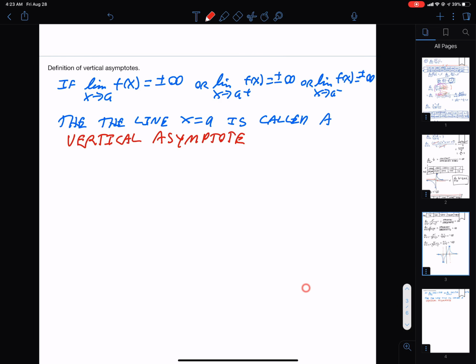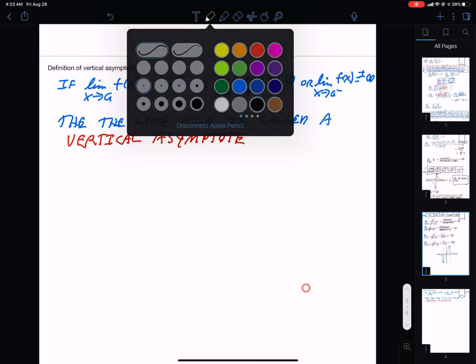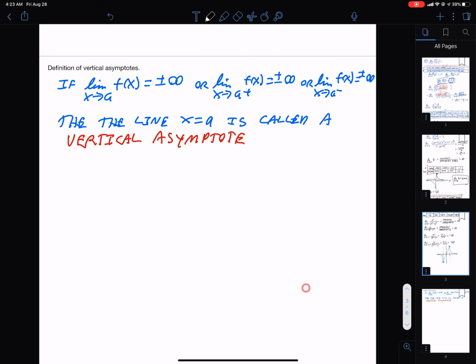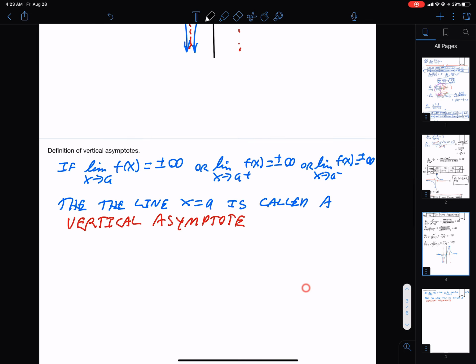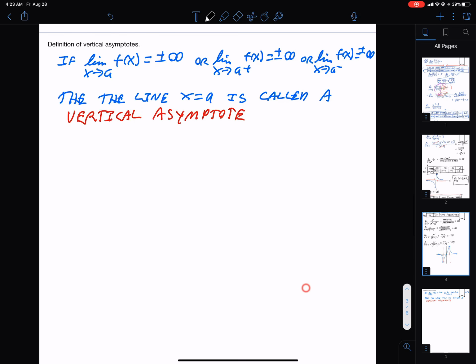So this should be intuitive from the previous example we did. You shouldn't have to memorize this. It shouldn't be something where it's confusing and how are you going to memorize this A, this plus, this minus. You shouldn't have to.